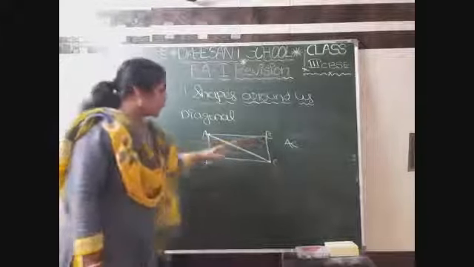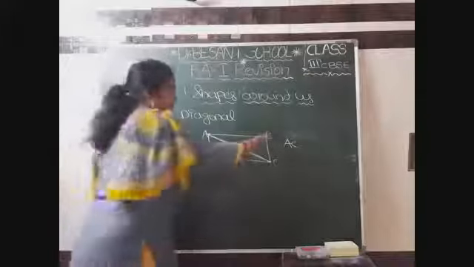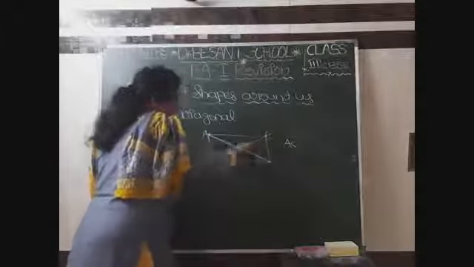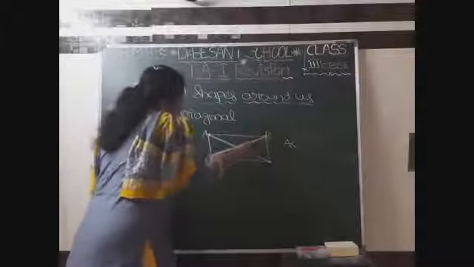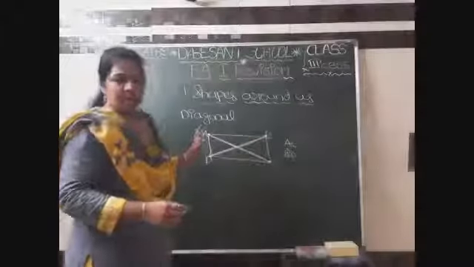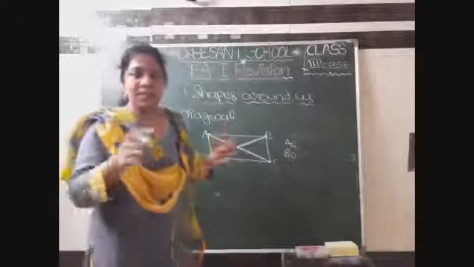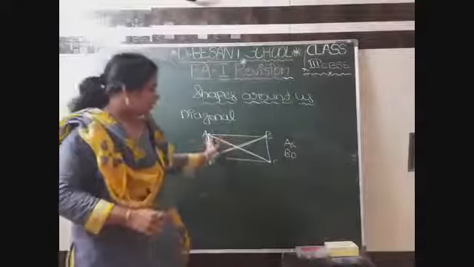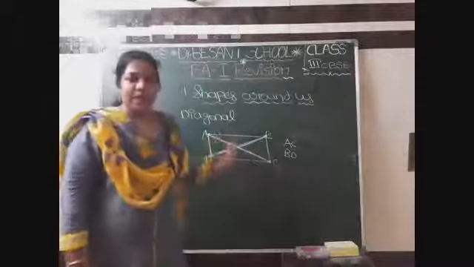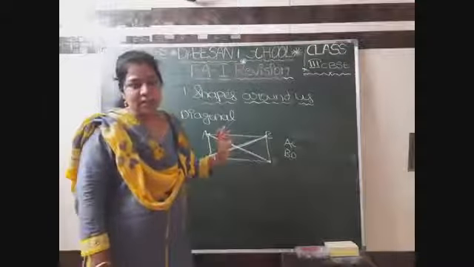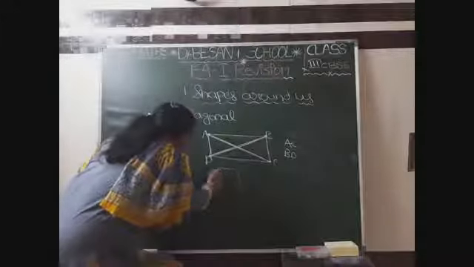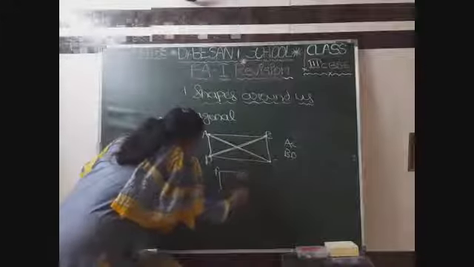And observe, children, B and D are also opposite corners. That's why the line segment drawn between B and D is called another diagonal for this rectangle. Have you understood about the diagonals? Diagonal means the line segment drawn between opposite corners. Now again the same example, PQRS.